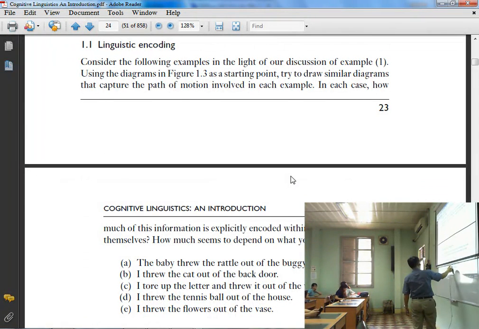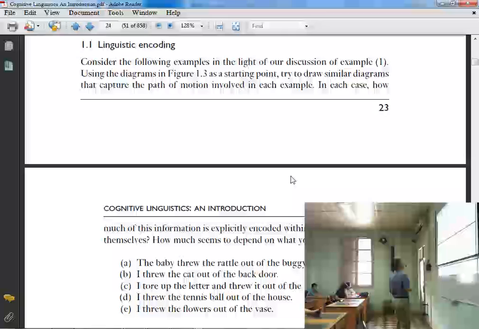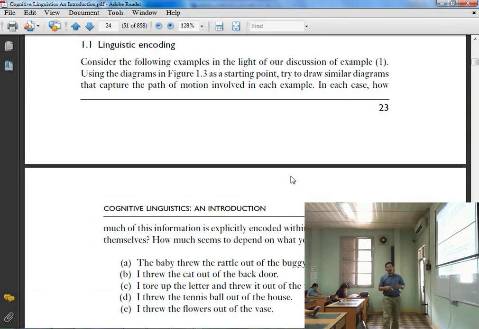Now, the first thing we look at is the concept of linguistic encoding. If you haven't done the reading yet, you might need to refer back to the part that discusses figure 1.3 about this concept.